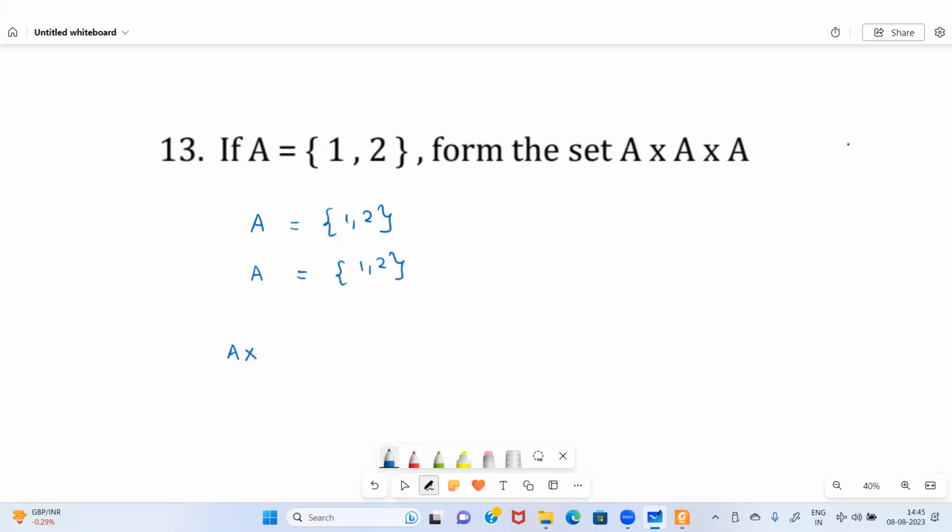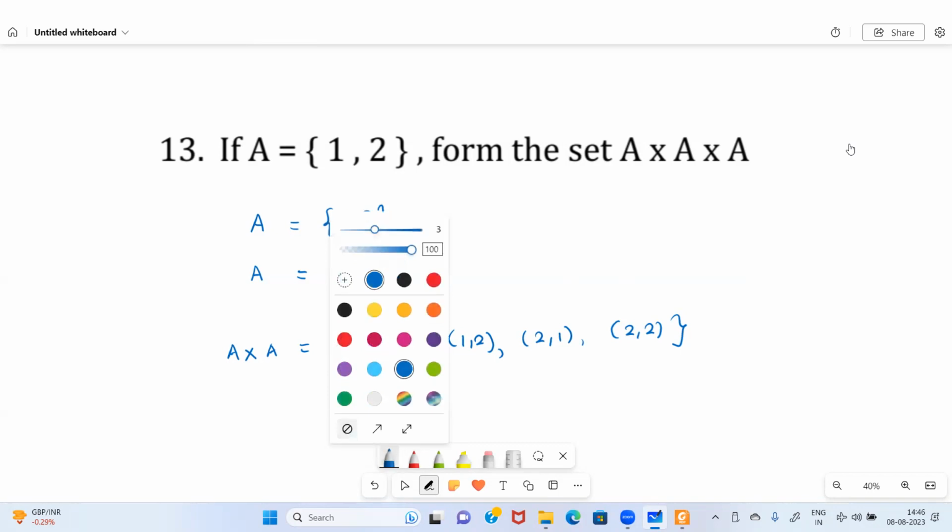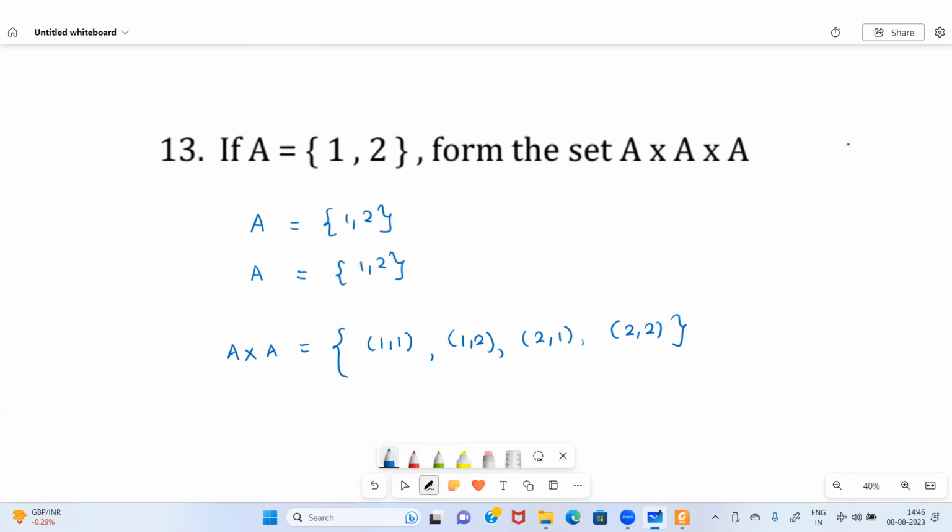So A cross A will be nothing but the ordered pairs, right? 1, 1, 1, 2, 2, 1, and 2, 2. Is it clear, students? Now, we need to do A cross A cross A.